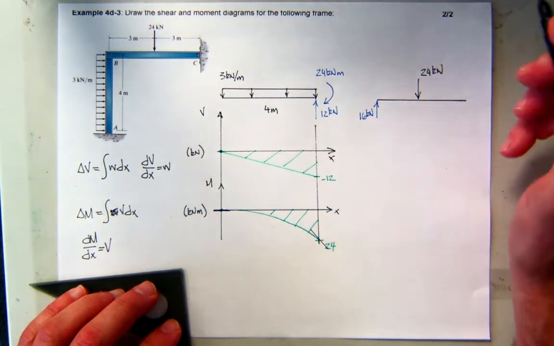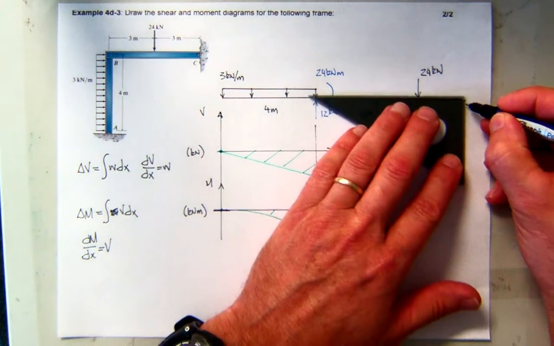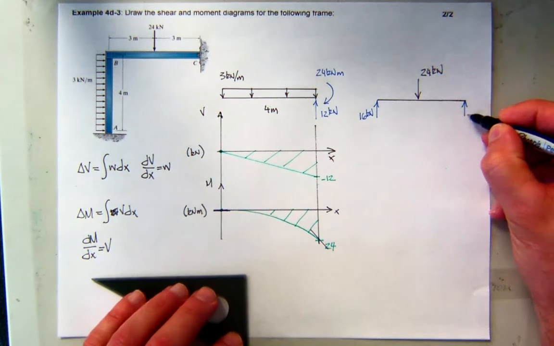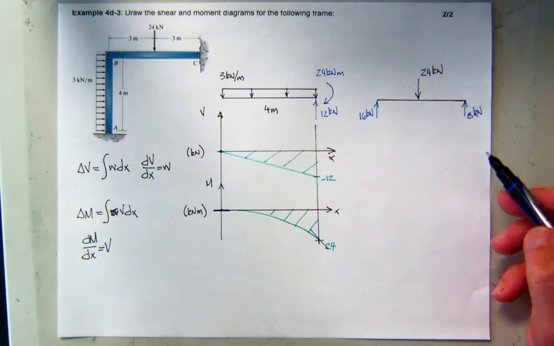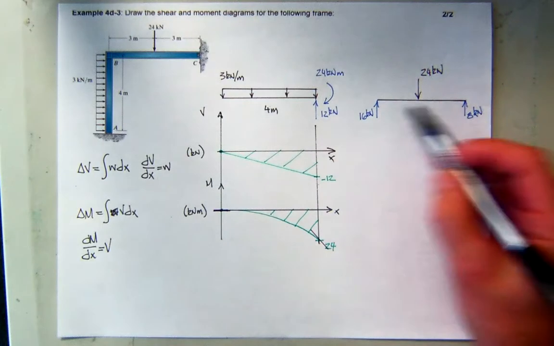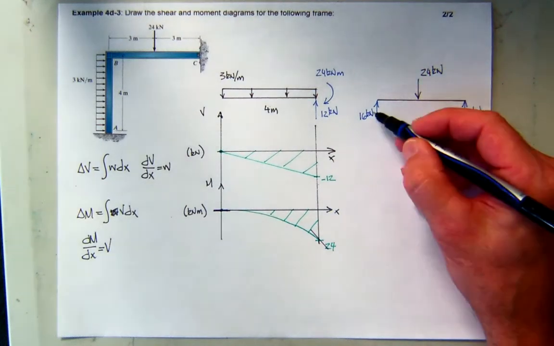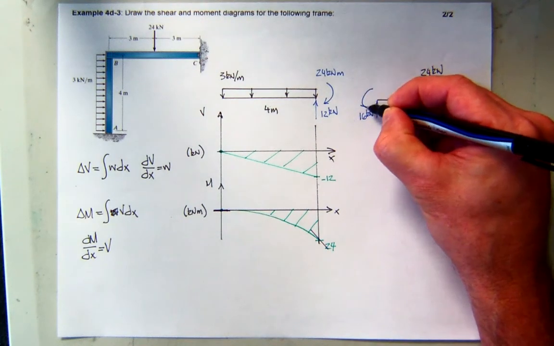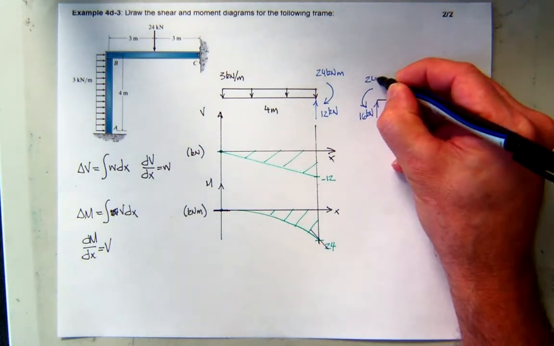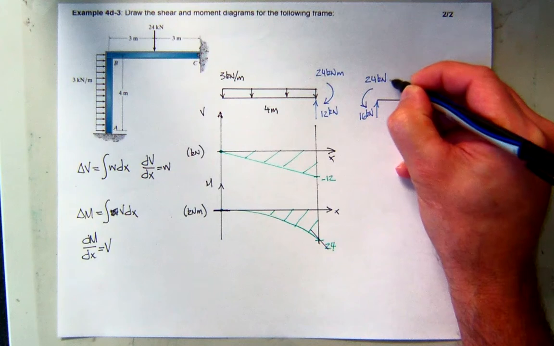And then CY was also up, equal to 8 kilonewtons. I'm not going to worry about the axial force. There was no moment at C, but there was a moment at B, and it was in this direction and had the value 24 kilonewton meters.